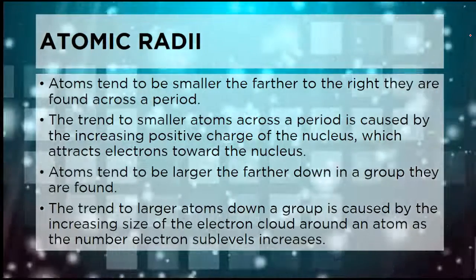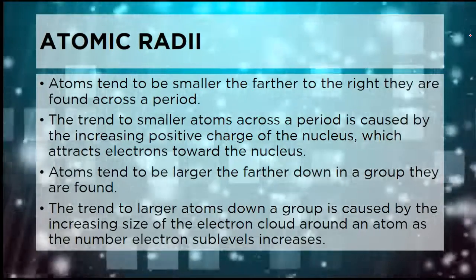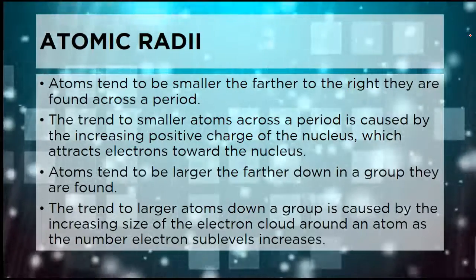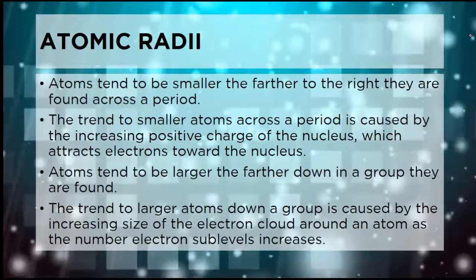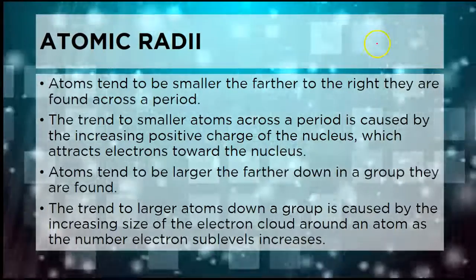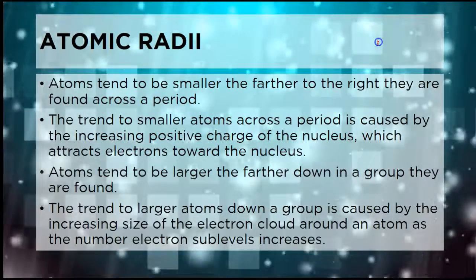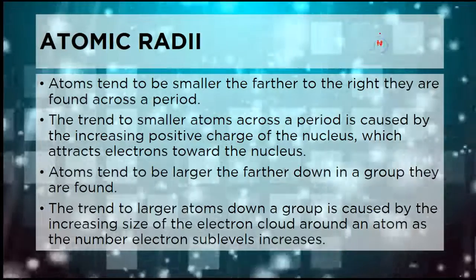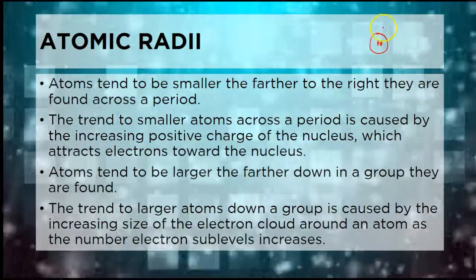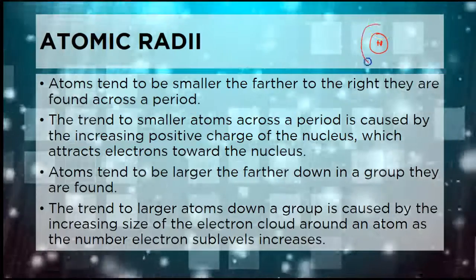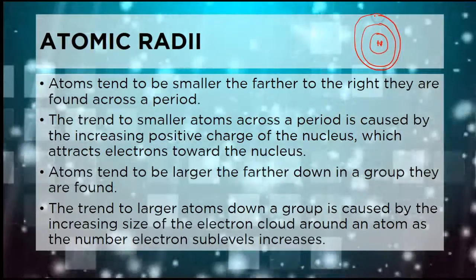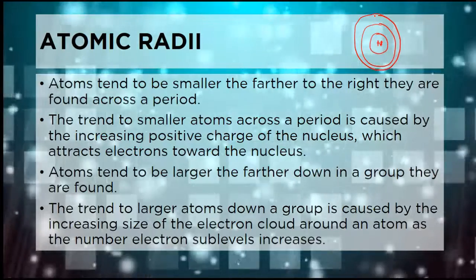On the other hand, as I go down a group, as I go down the periodic table, I'm going to find that the atoms become larger because now I'm literally adding more and more energy levels. You have the nucleus in the middle, your first energy level, the first period of the periodic table is going to be a certain size, and then once I add that second energy level, third energy level on, etc., I'm going to find that the atom gets bigger and bigger.